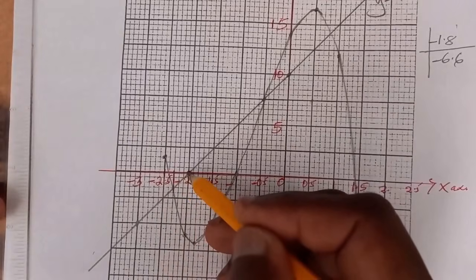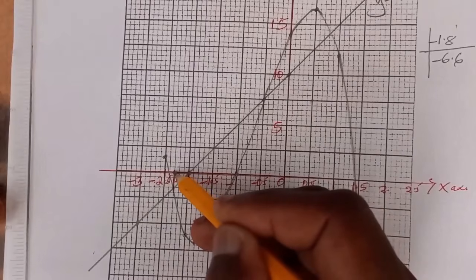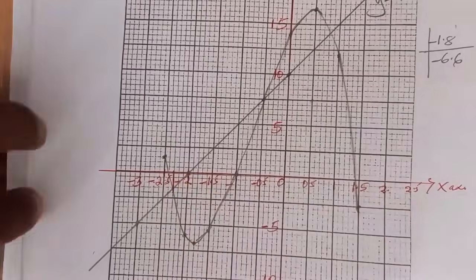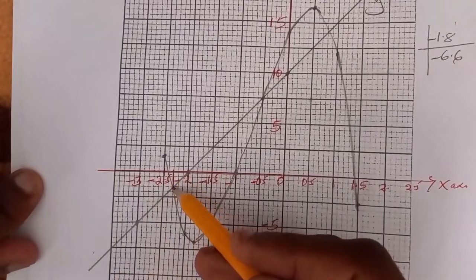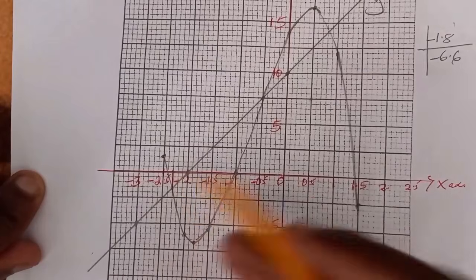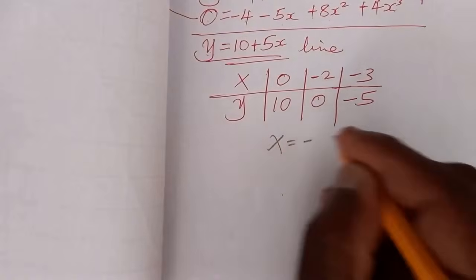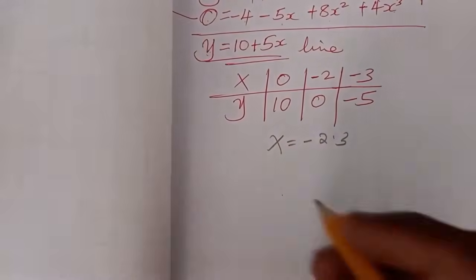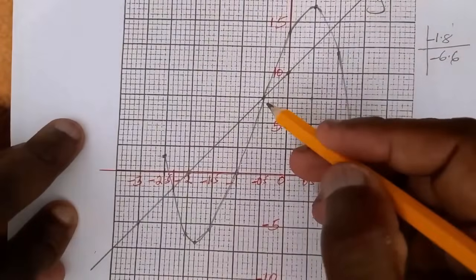So this is negative 2, 2.1, 2.2, 2.3. So that is the x coordinate of the point of intersection of this straight line and the graph. So the first one is x is equal to negative 2.3. Let's get the other one. The other point of intersection is here.